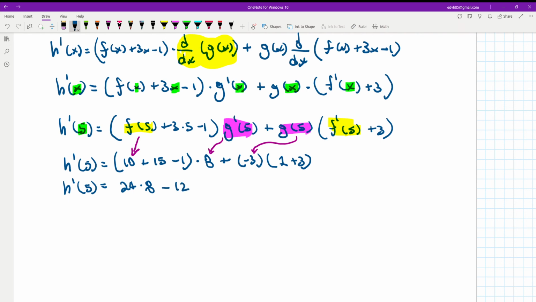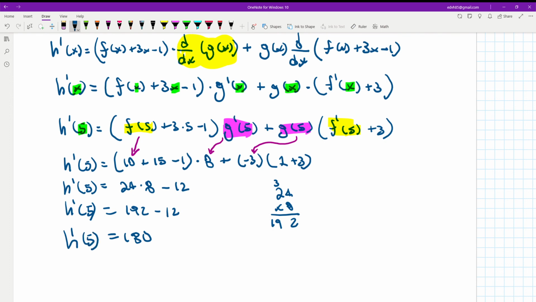So 24 times 8: 8 times 4 is 32, carry 3; 8 times 2 is 16, plus 3 is 19. So 192 minus 12 is 180. And that's h prime of 5 defined this way. This is the final answer, and this is also the end of this video. For the next video, we're going to cover the chain rule.